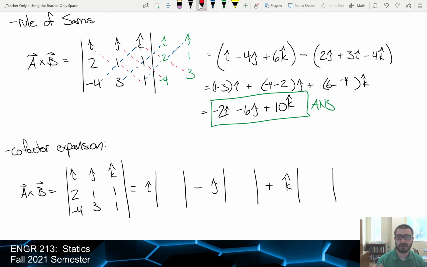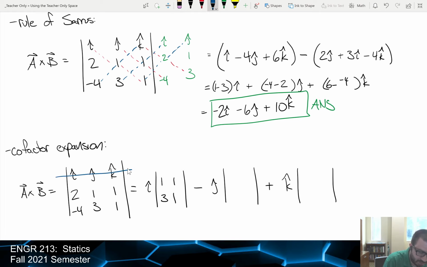And then what are those determinants? Let's take the first one, the i term. I cross out the row and the column associated with that i term, and what I'm left with is 1, 1, 3, which I use to determine that coefficient. What about the j term?